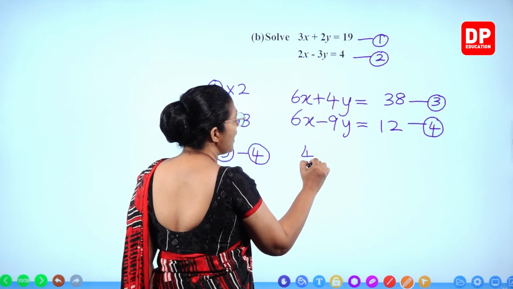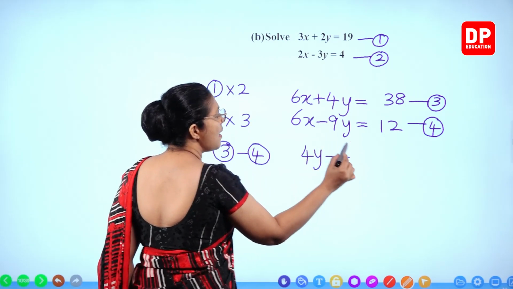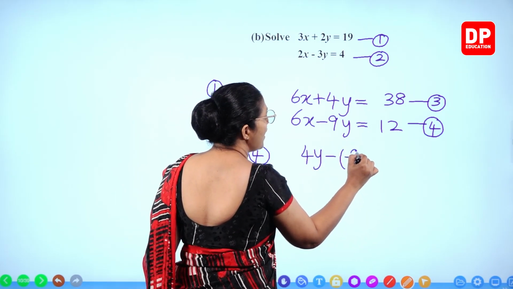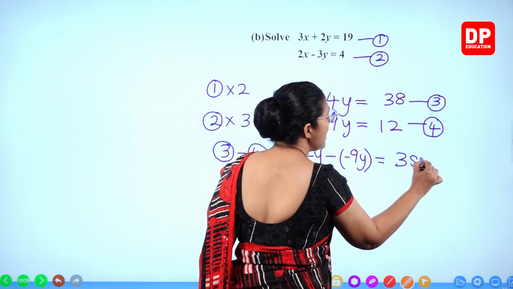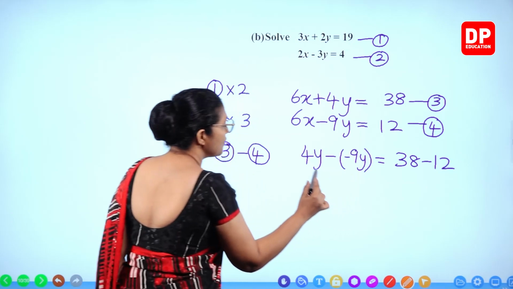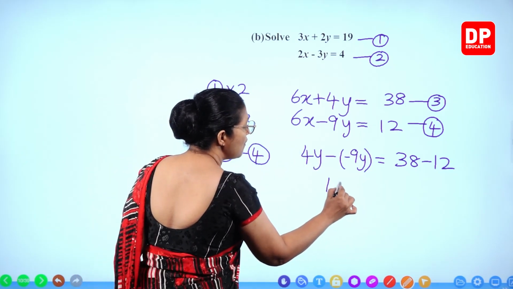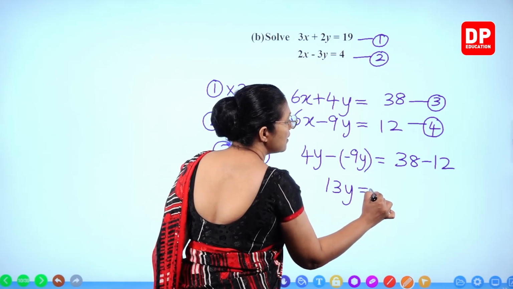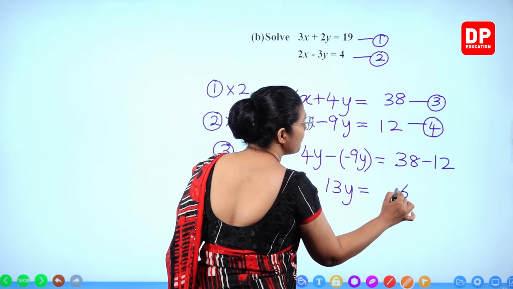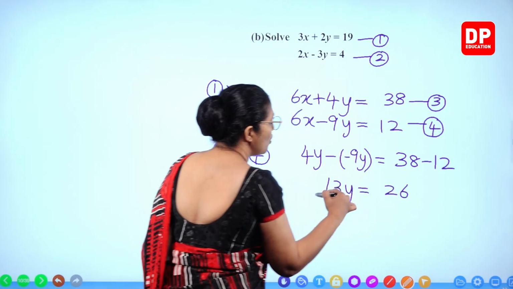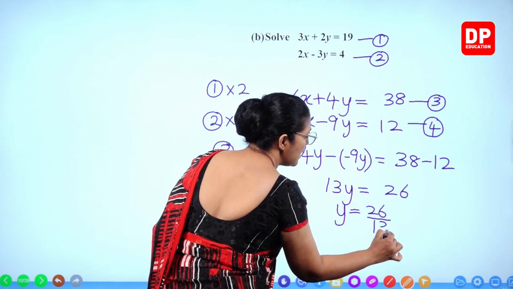So 4y minus 9y, and this side is 38 minus 12. The minus becomes plus, so 13y equals 38 minus 12. You get 26 here. So y becomes 26 divided by 13.